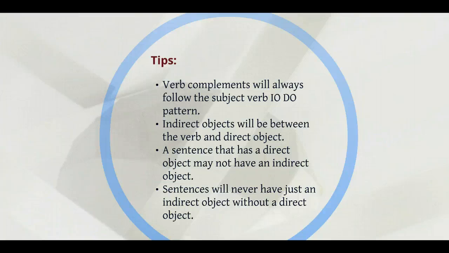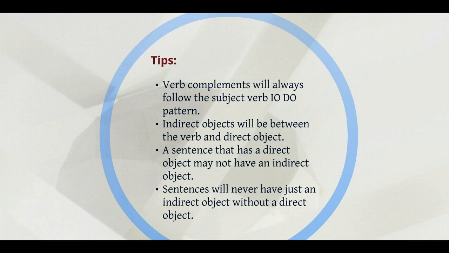Indirect objects will be between the verb and the direct object. Always, always, always. You will never have a sentence in which the indirect object is not between the verb and the direct object. And you'll find out why next week. But for now, just know the indirect object must come between the verb and the direct object.